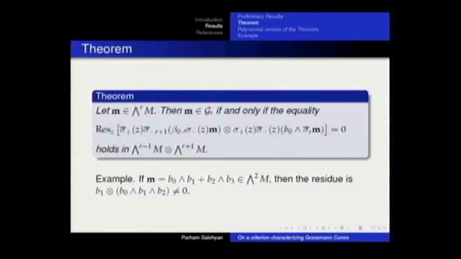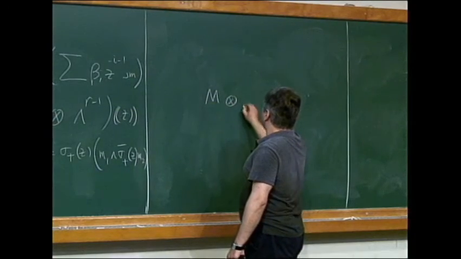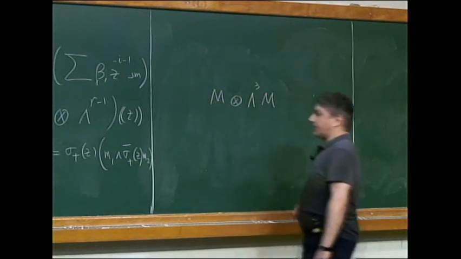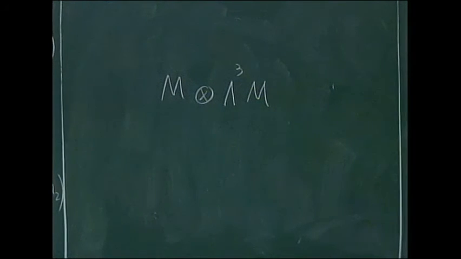And if you compute the residue, it will be this element that, of course, is not 0 because this is an element of the basis for M tensor. So, of course, it's not 0.